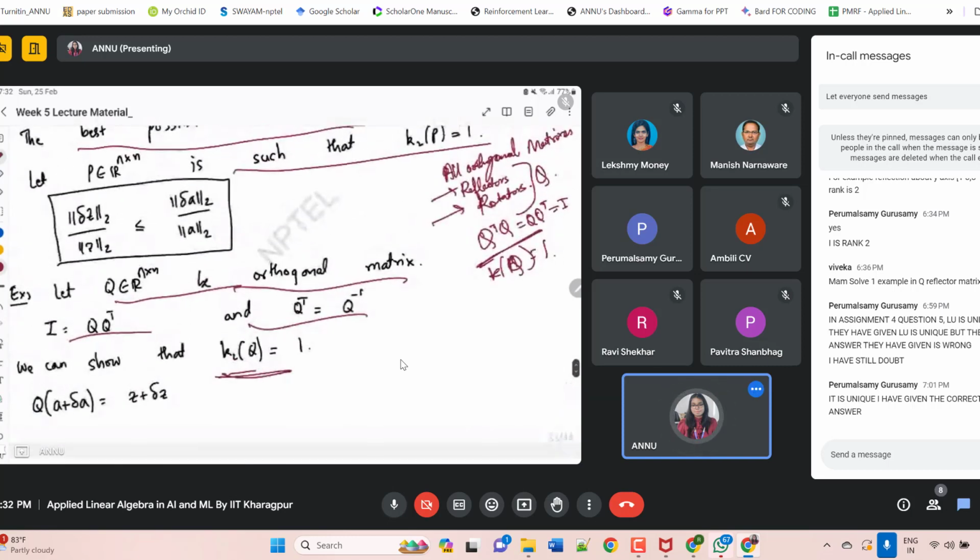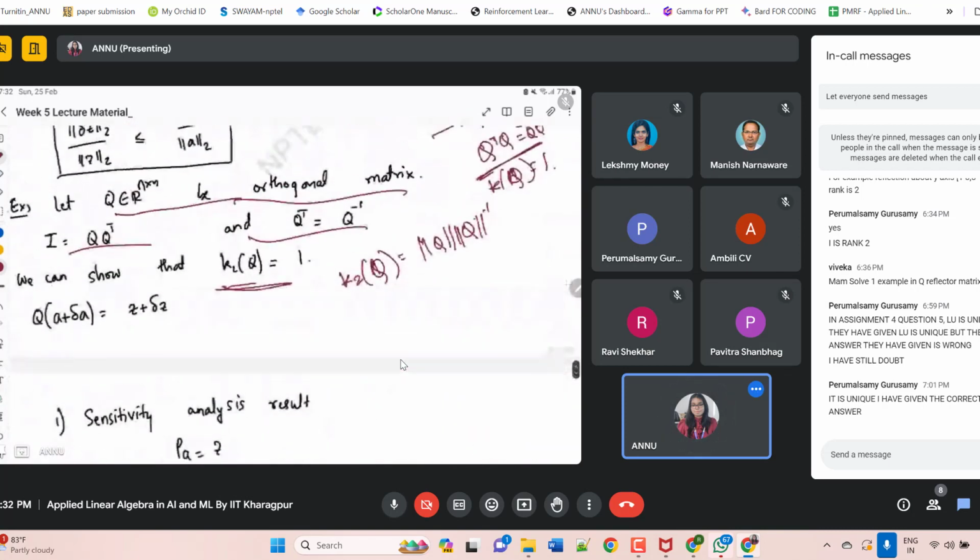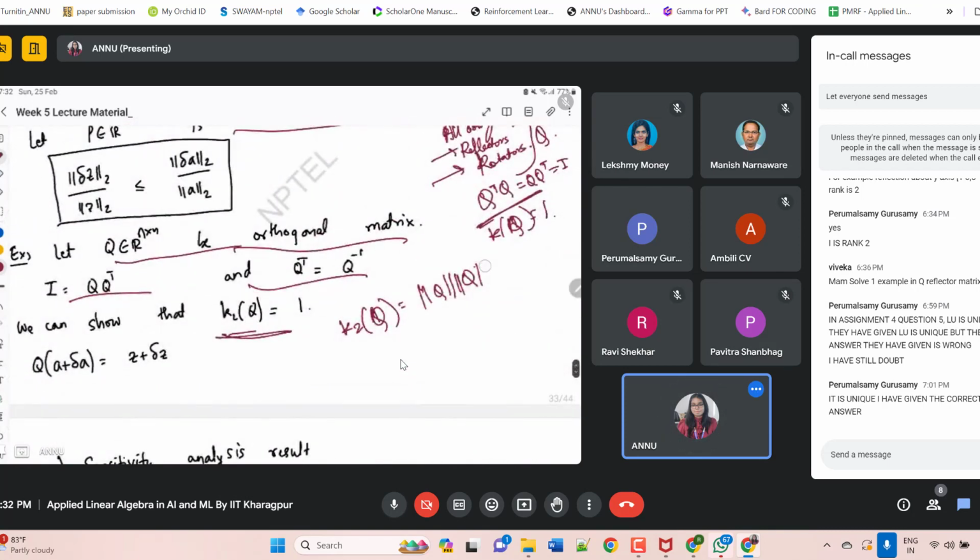How is the condition number 1? This is the norm of Q, and this is the norm of Q inverse.